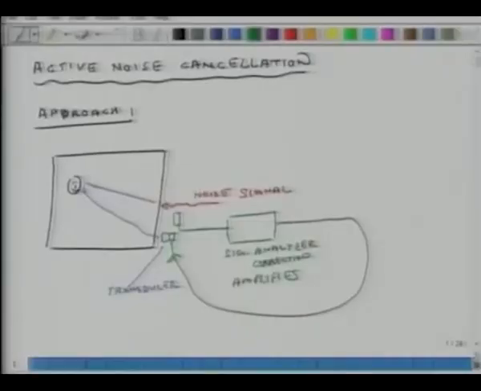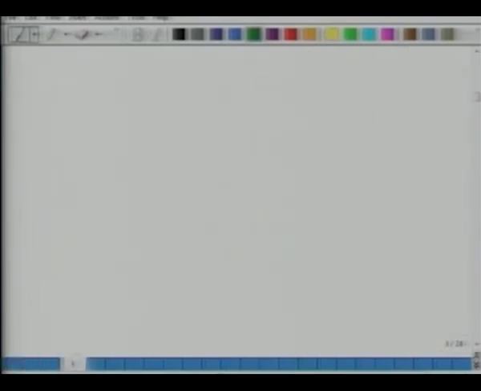So, then the other extreme approach. Here, in this approach, the transducer is very close to the source. The other approach is you put the transducer very close to the ear. That is the other approach. So, we will talk about that also. So, you have the person and the noise is coming like this. Let us say this is his chamber through which noise is going in and hitting him.